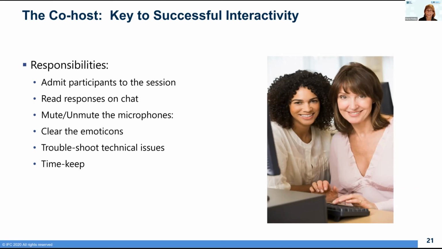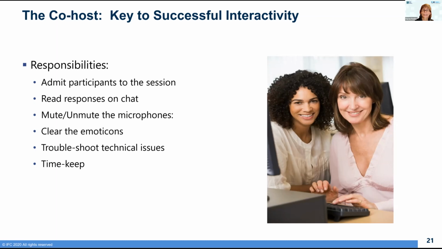Your co-host can also mute and unmute the microphones. And this is something that I think is much better than in the classroom. If you have somebody who's talking or whose mic is on and you hear the dogs barking in the background, you don't have to be that person that goes, well, everyone please mute your microphone, right? You can just have your co-host go over to their name and hit the mute button and it's all taken care of and you don't have to say anything.